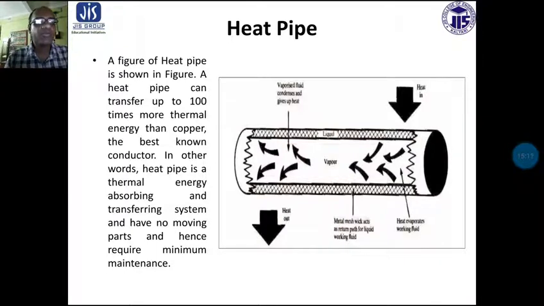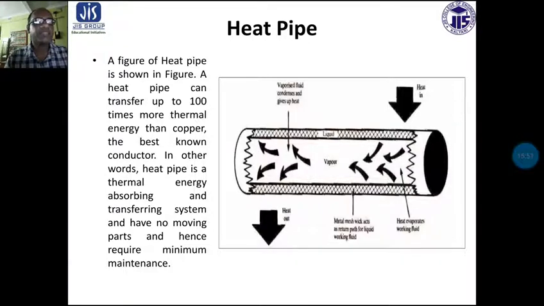The capillary wick structure is integrally fabricated into the interior surface of the container tube and sealed under vacuum. The working fluid inside is in equilibrium with its own vapor, as the container tube is sealed under vacuum.